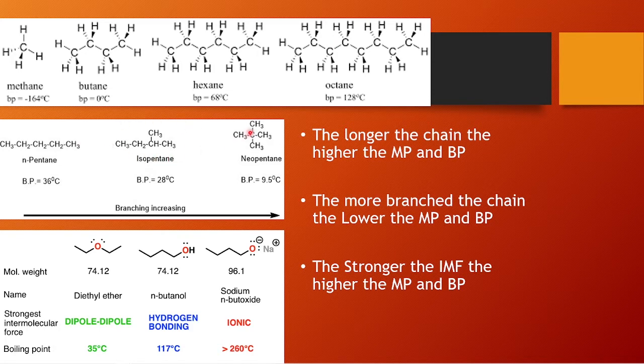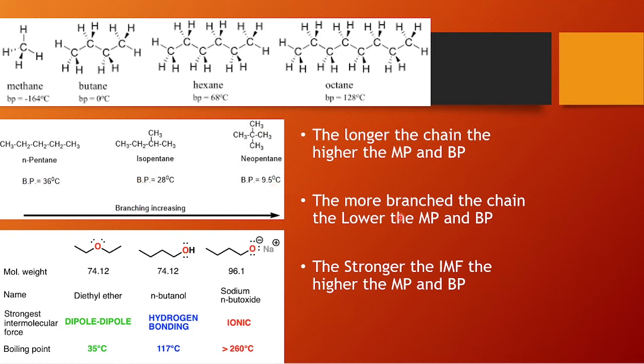Whereas isopentane or neopentane, they're not going to fit together quite as nicely. There's not going to be as many intermolecular dispersion forces happening, so it's going to be easier to break them apart because there's less of those dispersion forces happening. And you can see that: 36, 28, and 9.5.